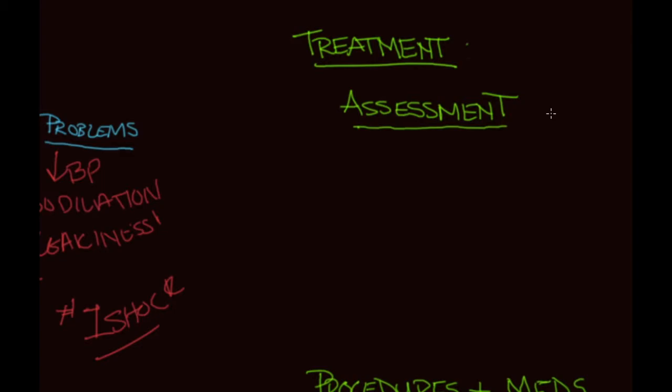Maybe they have some skin issues, so bed sores, wounds that aren't healing, cellulitis, things like that. Abdominal complaints, if they're having an acute abdomen, belly pain, this could be a sign to keep sepsis as a differential diagnosis.